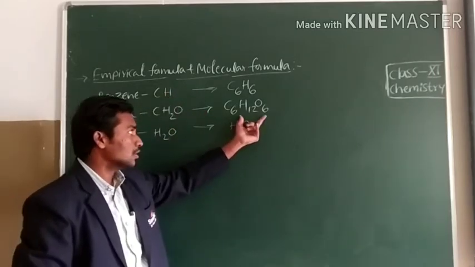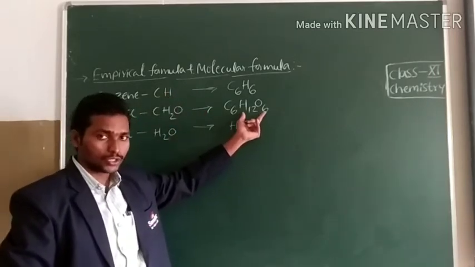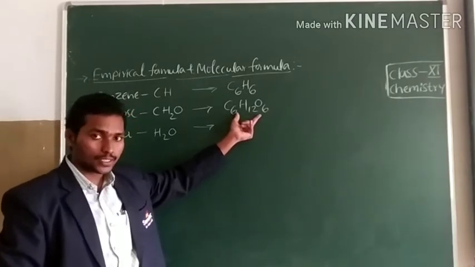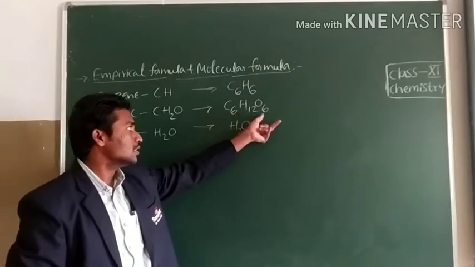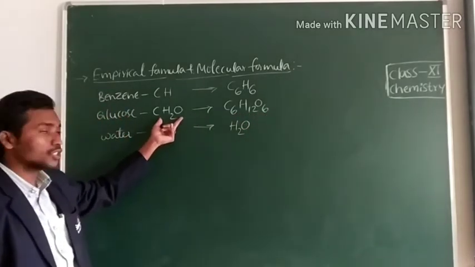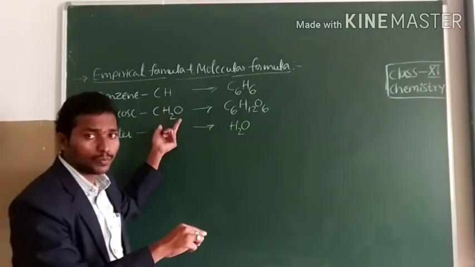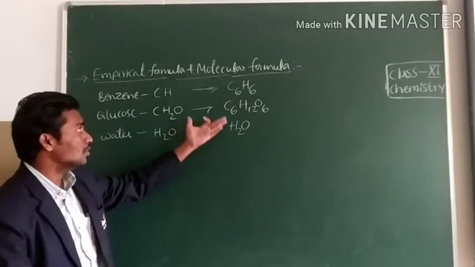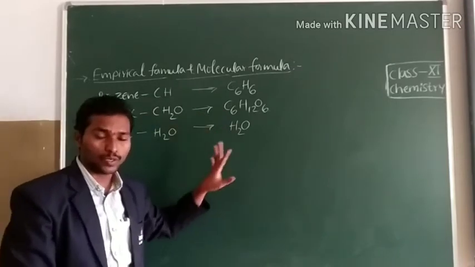And molecular formula of glucose is C6H12O6. Here the HCF is 6. When we divide the number of atoms by 6, we get CH2O, the simplest whole number ratio of atoms of different elements in the compound. So this is the way we have to write empirical formula and molecular formula.